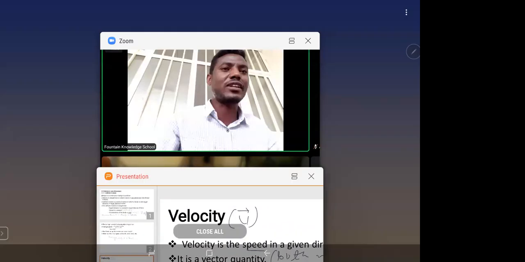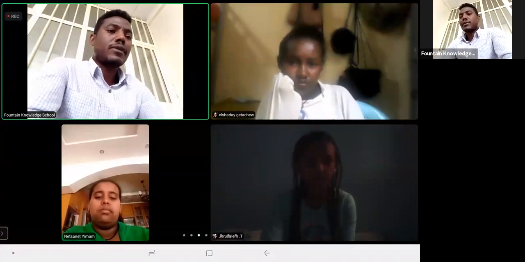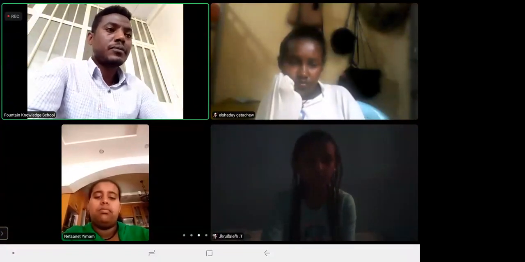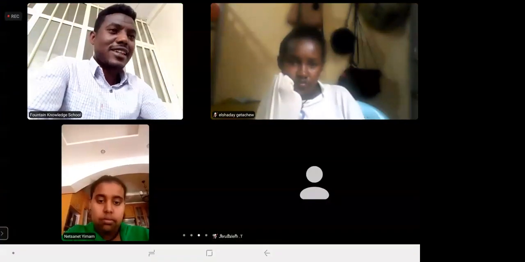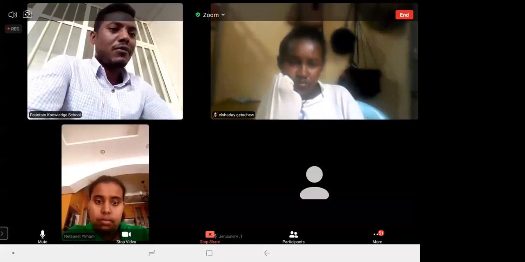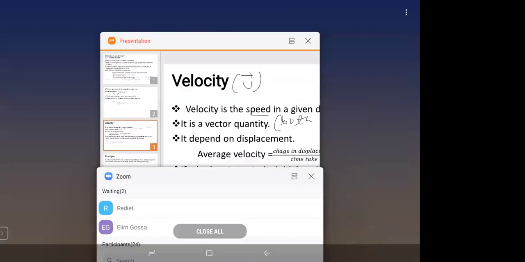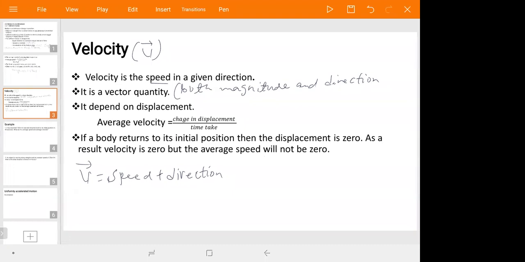Speed depends on distance. What about velocity? Velocity depends on displacement.